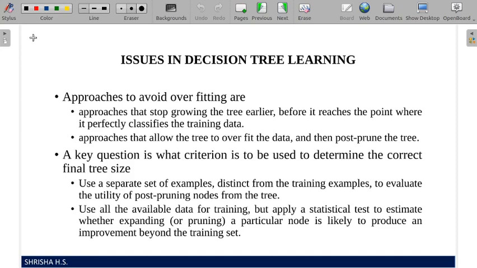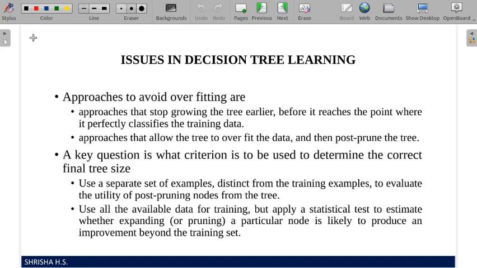The second option is to use the available data for training, completely using all the data, and not reserving some as test data. So how do we get the test data? Usually, suppose we have 10 instances, then we use 8 of them for training and 2 for testing.